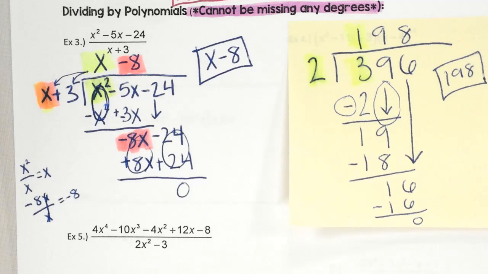Yes. Because when we subtract, it was negative, but when you subtract, two negatives makes a positive. So that's why we make it opposite, opposite.